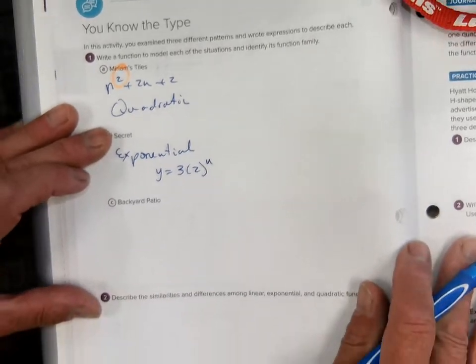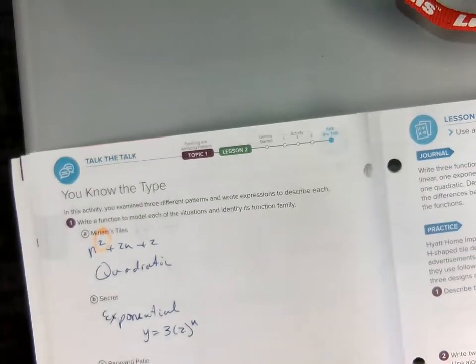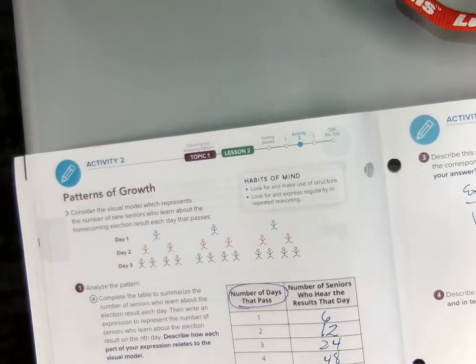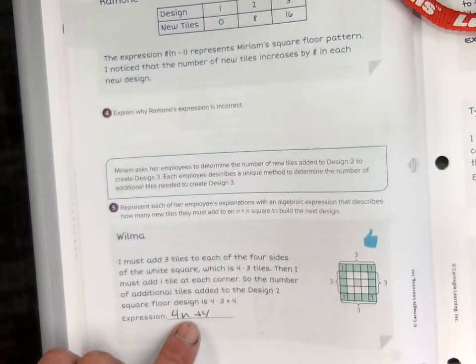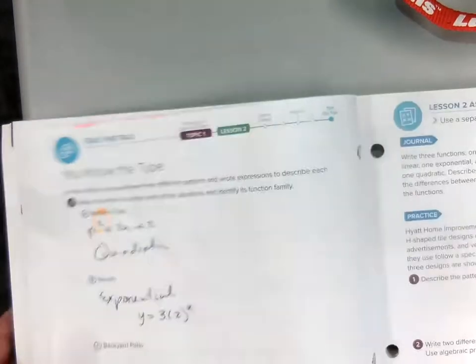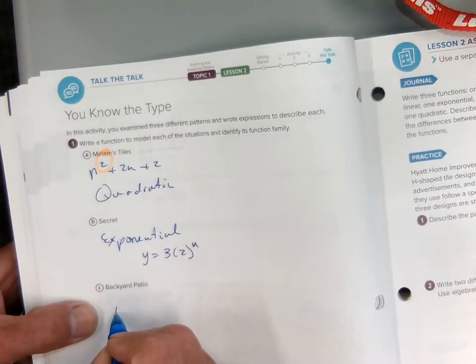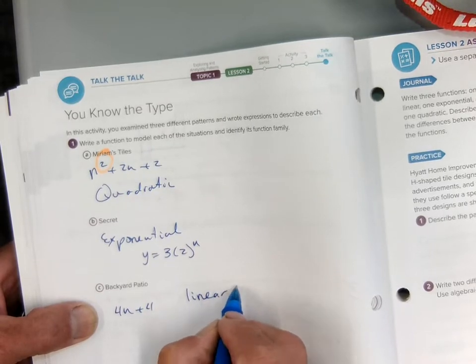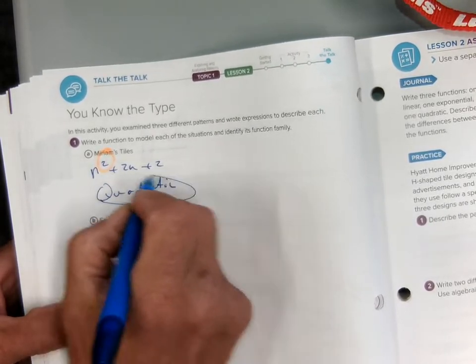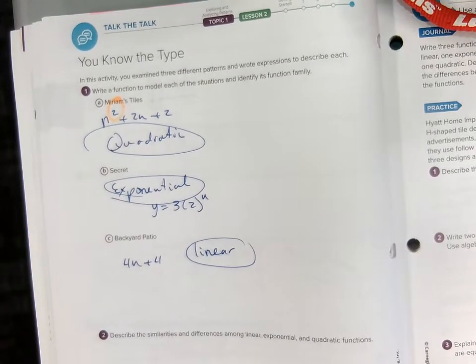And finally, the backyard patio, well, I think that's linear. If we go back to the backyard patio, which takes us way back, the backyard patio is 4n plus 4, there it is. It is linear, okay? So those are our 3 types of functions we're looking at.